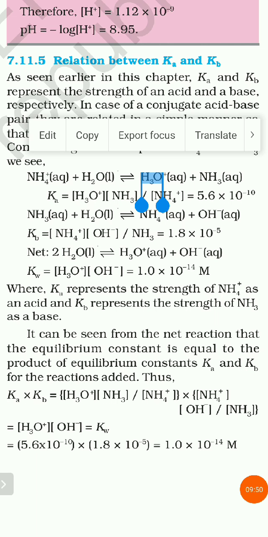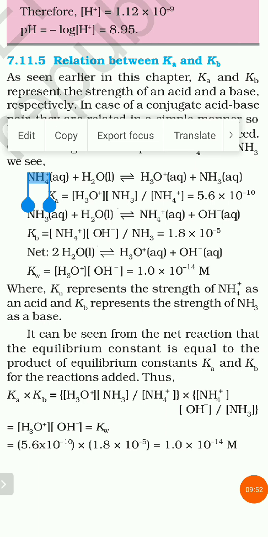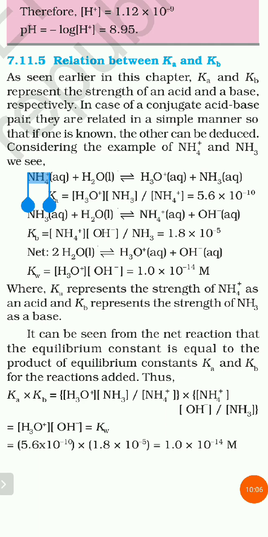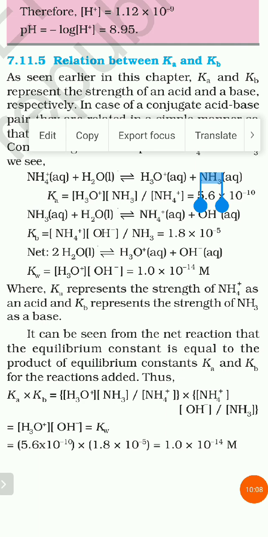So in NH4 plus, four hydrogen atoms are present; one hydrogen atom combines with the water molecule to form a hydronium ion, and NH3 is formed.